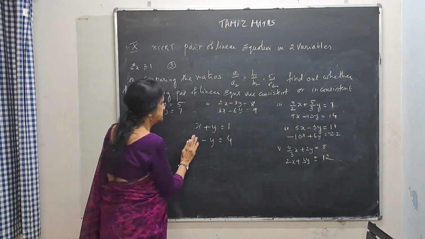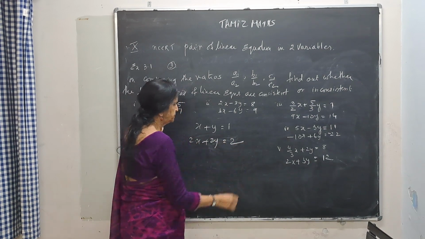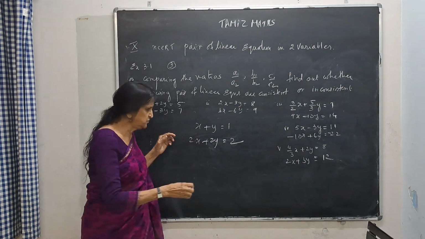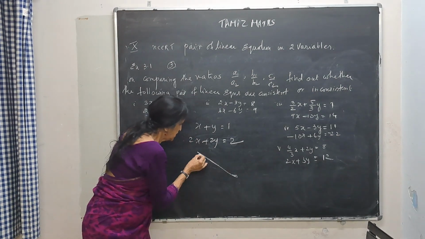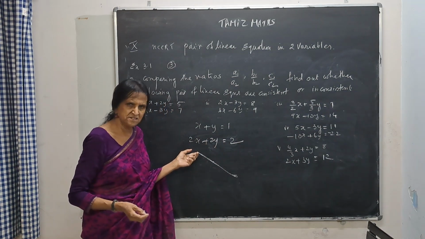But suppose you have it like this. Both are the same line. You draw these two lines, one line will be overlapping the other. So every common point will be a solution. So this is consistent with many solutions.